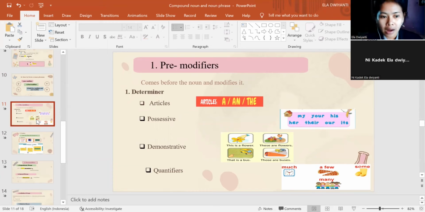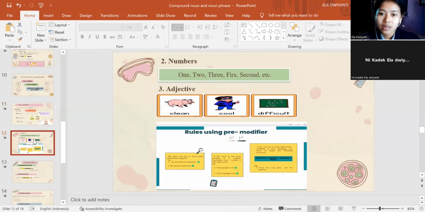There are four parts of pre-modifier. The first one is the determiner, including articles, for example, an apple, a book, possessives: my, your, his, her, their, for example my car, his sister, her brother, demonstratives: this, that, these, those, and quantifiers like a few, some, many, a lot of, etc. Numbers include 1, 2, 3, first, second, etc. Adjectives like clean, cool, difficult.